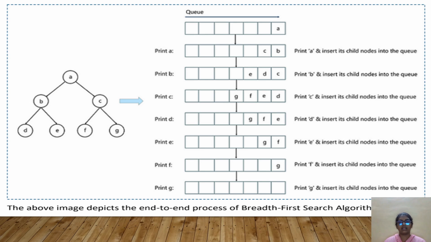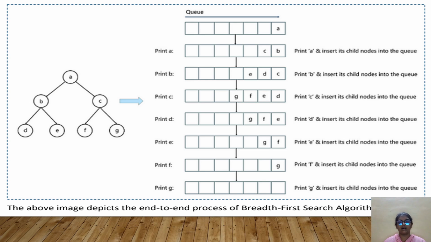Next, after printing B, the child nodes of B will be inserted, that is D and E. Next step, if we print C, the child nodes of C will be inserted into the queue, that is F, G. Then after printing D, the child nodes of D would be entered into the queue, but here D does not have child nodes, so no elements will be entered.